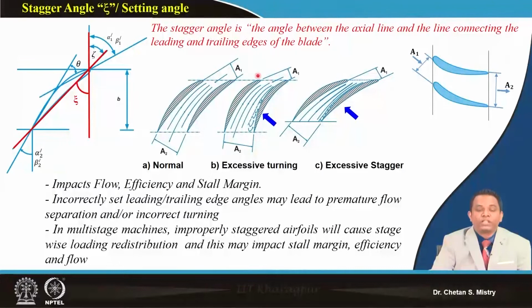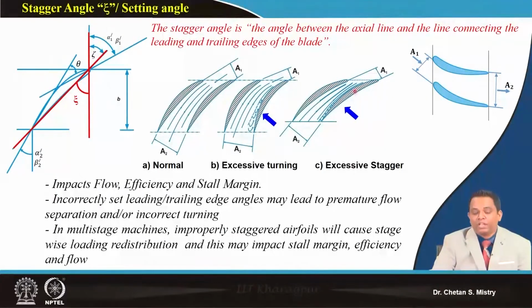Basically, we are trying to increase the outlet area here, and that is what we have defined as excessive turning. We have realized that when delta beta is large, that leads to my camber angle being large, and that gives the flow more chances to separate from the suction surface.